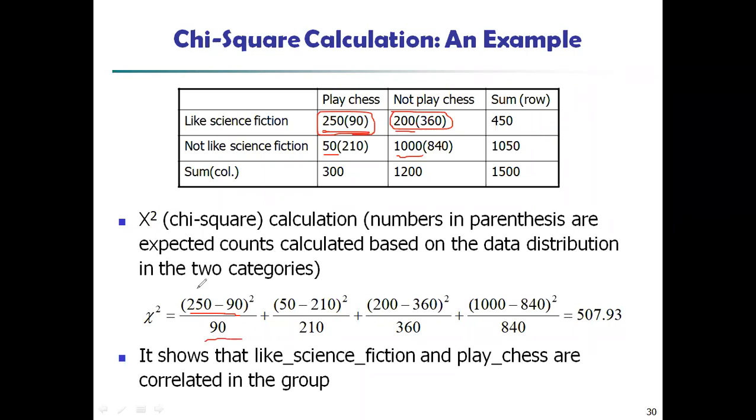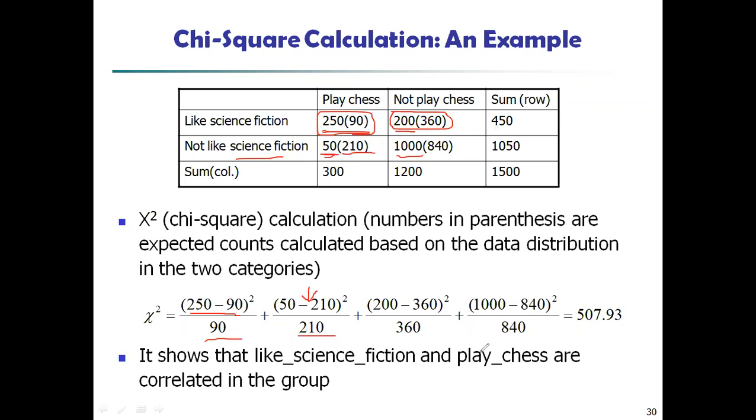Here 250 is the observed value and 90 is the expected value. Then, for those who play chess but do not like science fiction, we write the values like this: observed minus expected, whole squared, divided by expected.